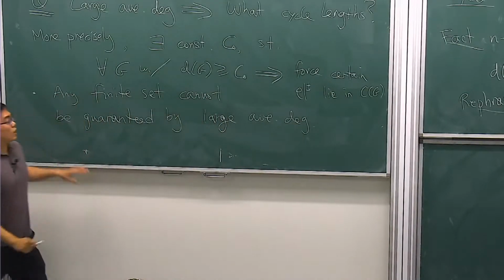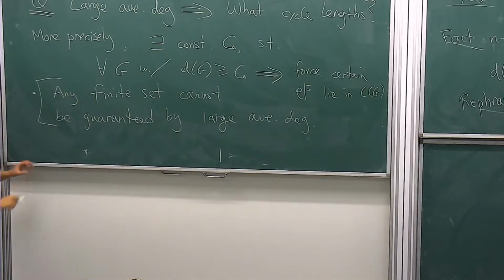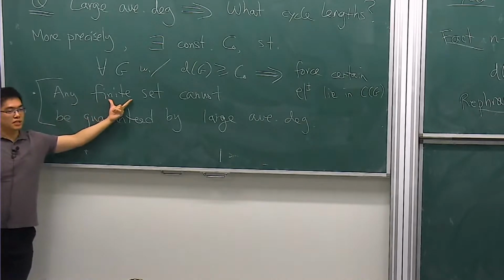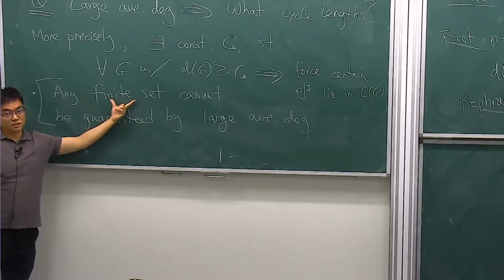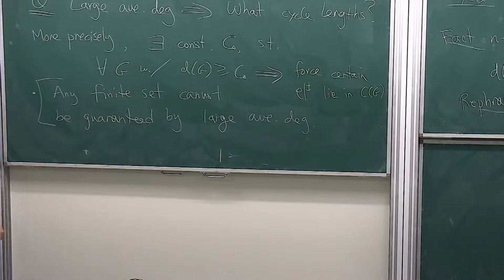Okay? I'm not going to make this statement precise, I'm just going to say it in words. What it means is that there exists a sequence of graphs with average degree growing to infinity, such that none of which contain any elements in this finite set as a cycle length. That's what it means precisely.